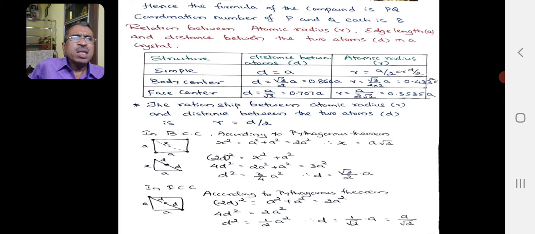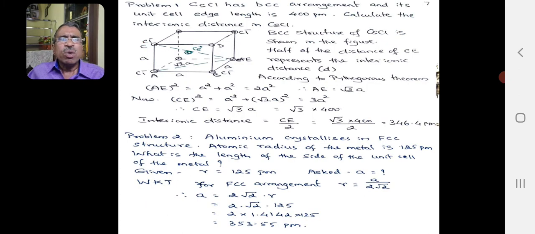This is how you get the above formulas for the simple cubic, body-centered cubic and face-centered cubic lattice. Students, you must remember even these equations. Based on these equations, you have to solve the problems. The problems will be asked based on these equations.